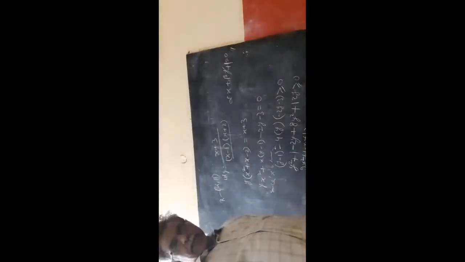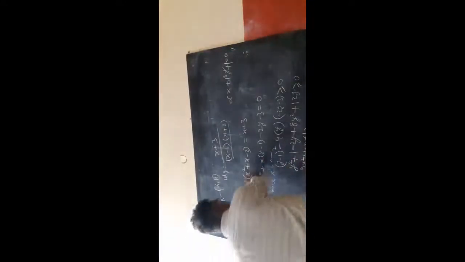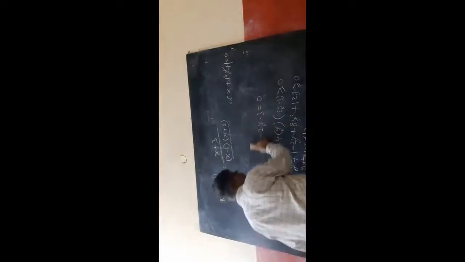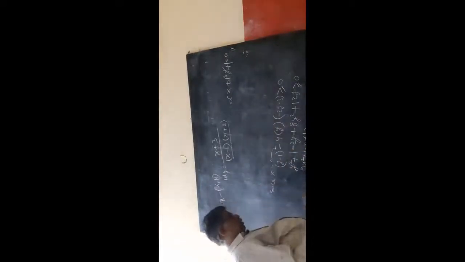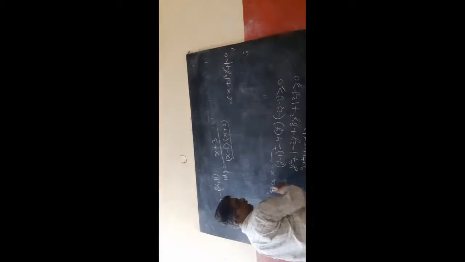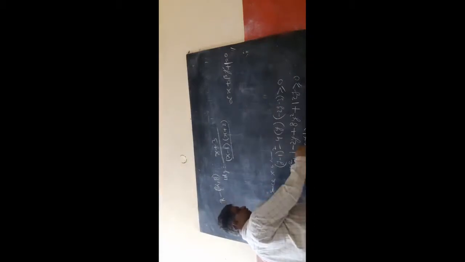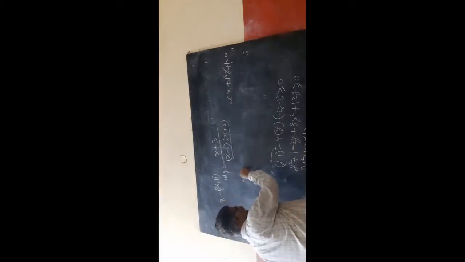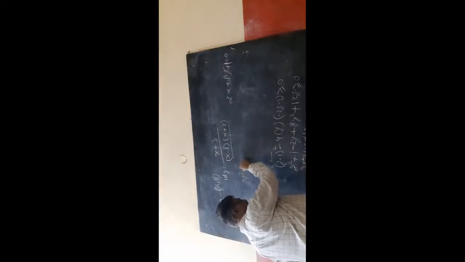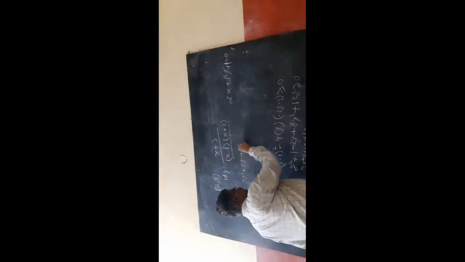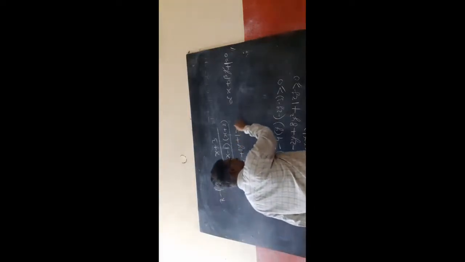Now splitting the middle term so that I will get the range of y. This asks for the range of y, alpha beta. Splitting 9 and 1: 9y square plus 1y plus 9y plus 1 greater than or equal to 0.